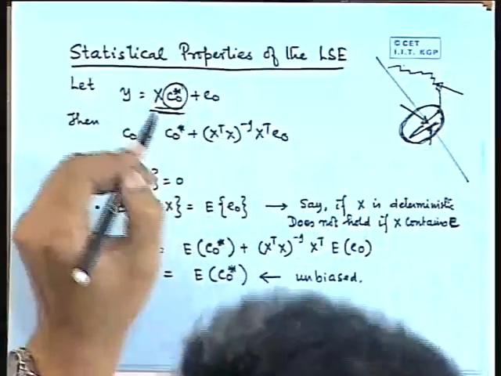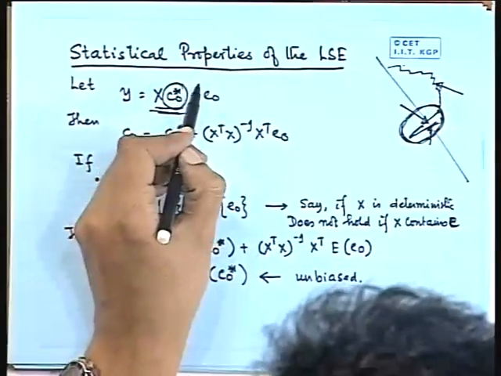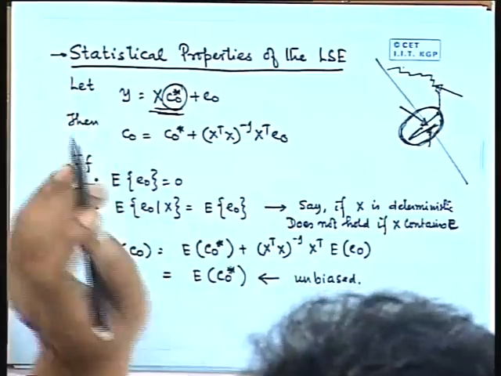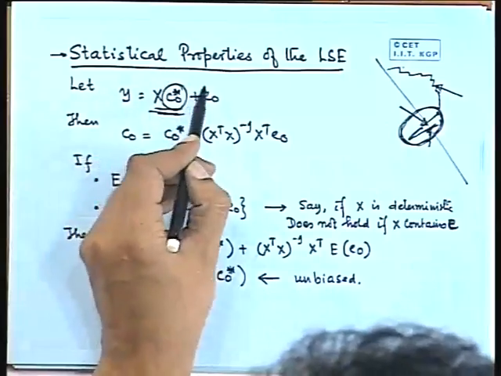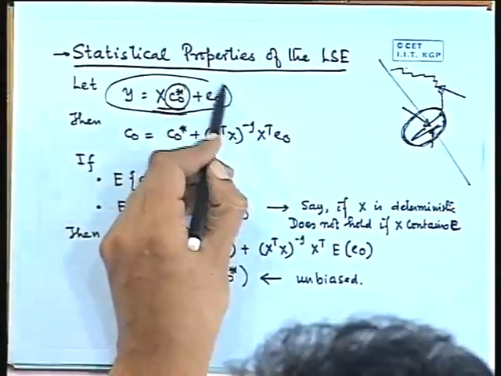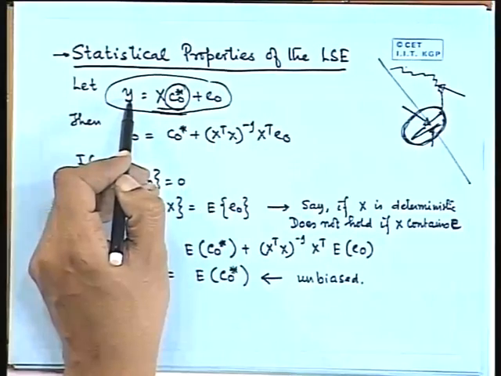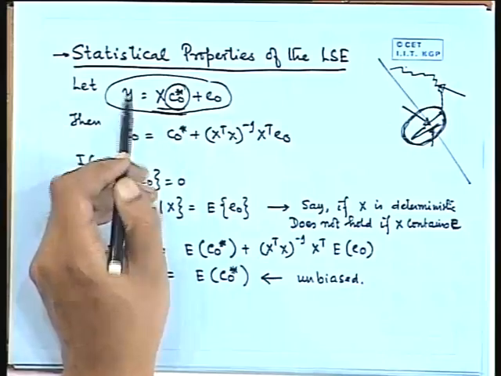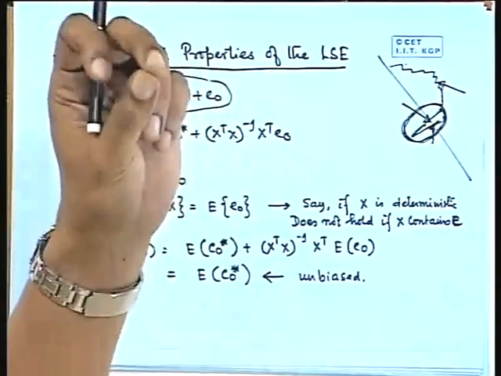So now, no, sorry, this is not what I am saying. What I am saying is that if you want to know the statistical properties, one obvious way of looking at it is that if y is actually here, this is not y hat, this is y, that is the data which you want to match using your estimate.